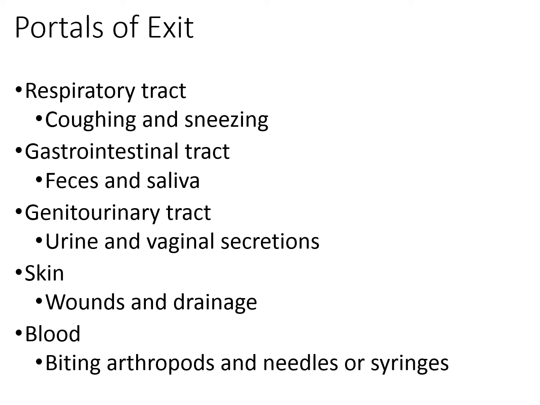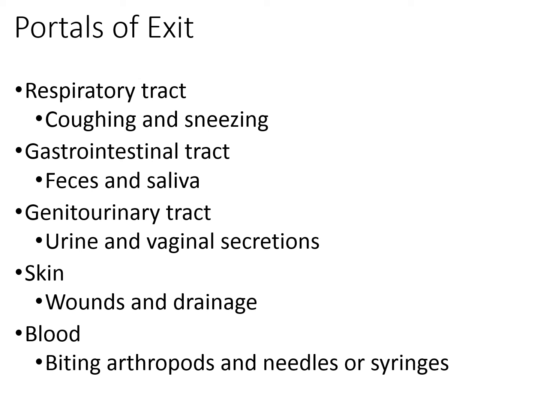From the intestinal tract, microorganisms often leave via the feces or saliva. So, for example, polio is well known to be transmitted via the gastrointestinal tract well after the person who was infected actually stopped showing symptoms.